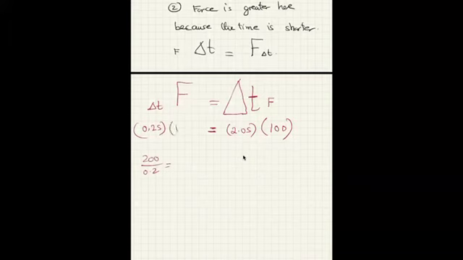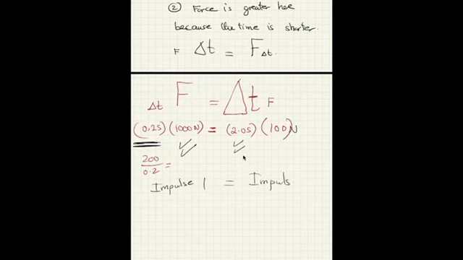This is going to be 1,000. Okay, then if you look here, look at the times. For the car to hit the wall of cement, it will take a very short time, which is 0.2 seconds, and therefore the force is really big. Versus for the stack of hay, it is going to take a longer time, so the force is relatively smaller. But you can say here, impulse 1 equals impulse 2, right?